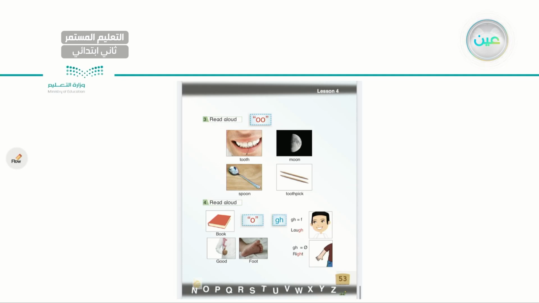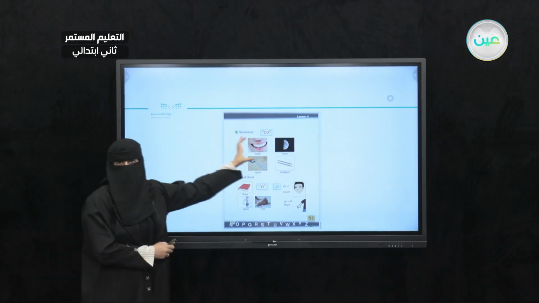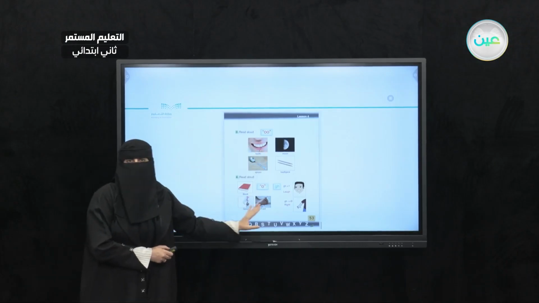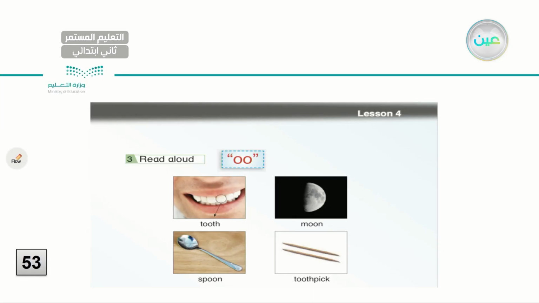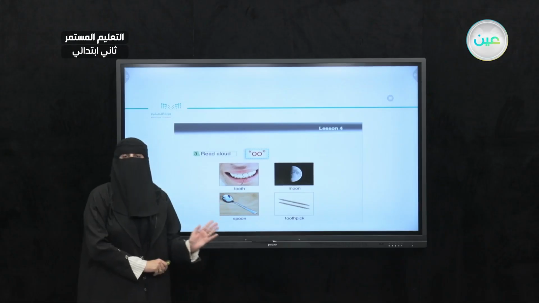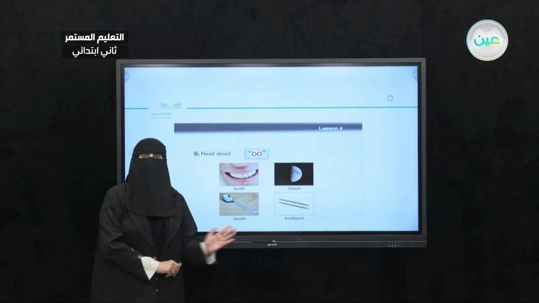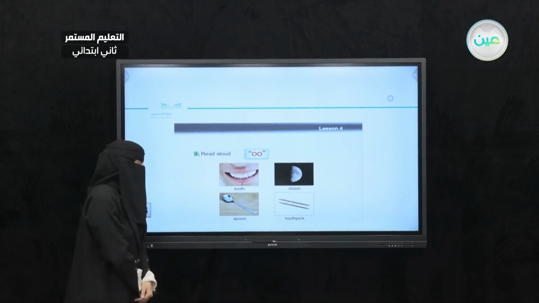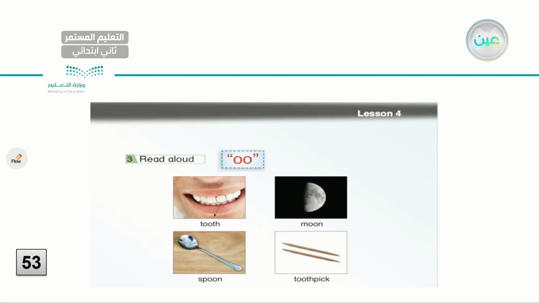Now, I need you to open your books at page 53. Page 53, we will be focusing on the upper part. So I'll be zooming on the upper part, then we will be zooming to the lower part. For the upper part, as you can see, read aloud. Here I have the double O, but they could be short O's or they could be long O's. Tooth, long. Moon, spoon, toothpick.